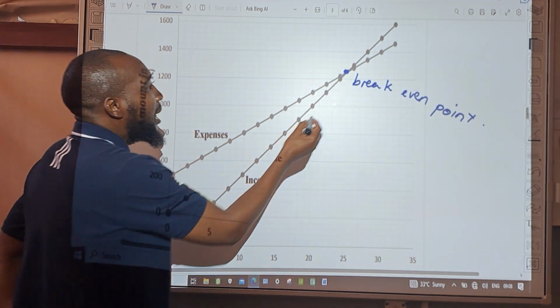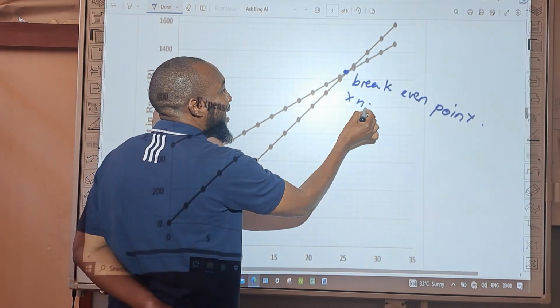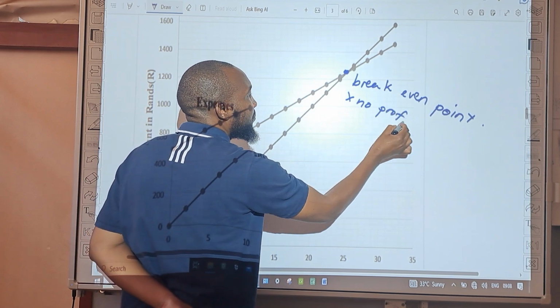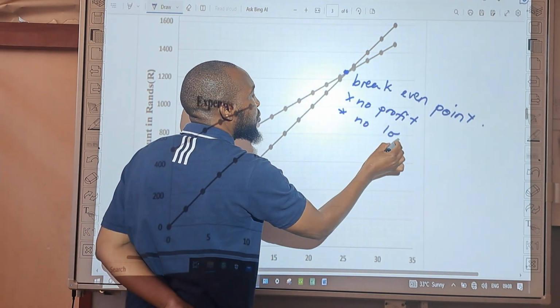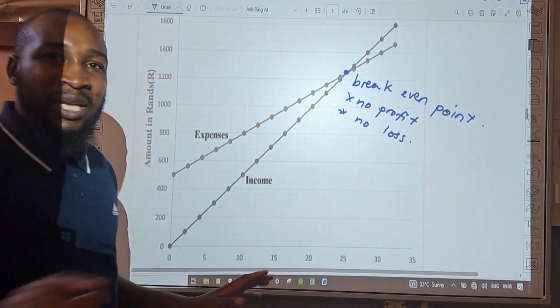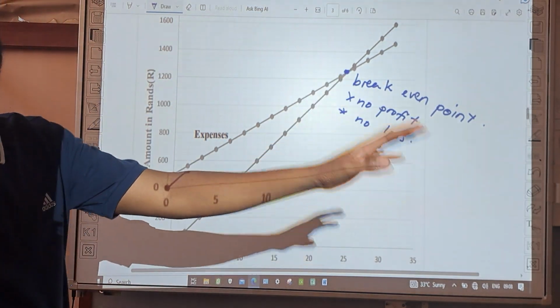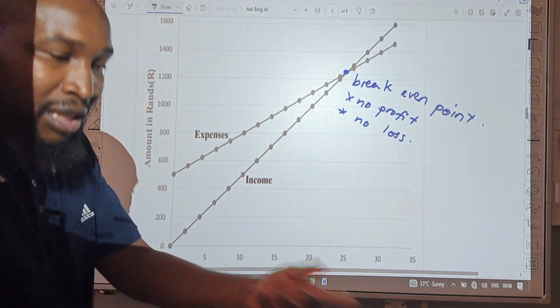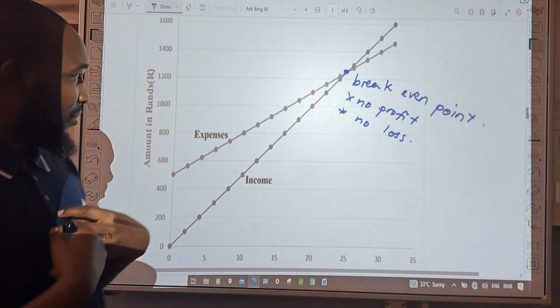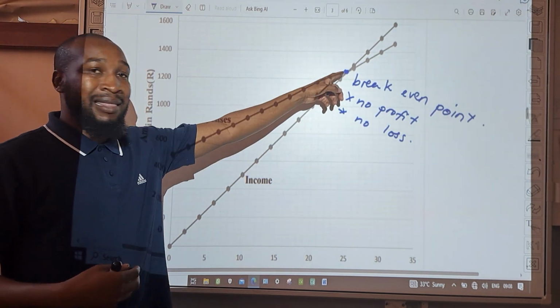So meaning to say, at this point, there is no profit, there is also no loss. You are not making any loss. You are not making any profit. So you are not making any money. You have broken even, meaning the money that you spent in the business and the money that you are earning from the business, they are equal at that point.